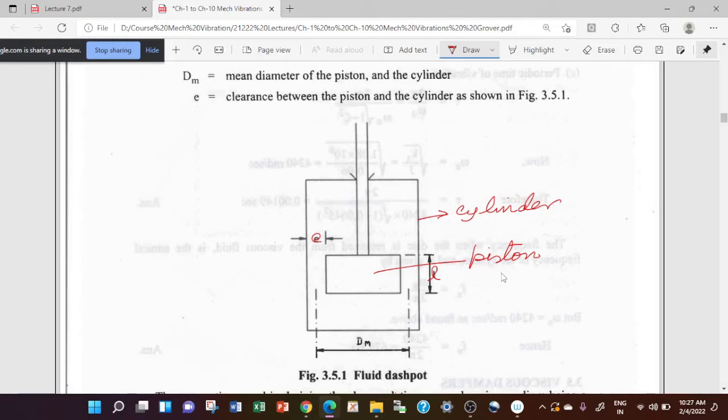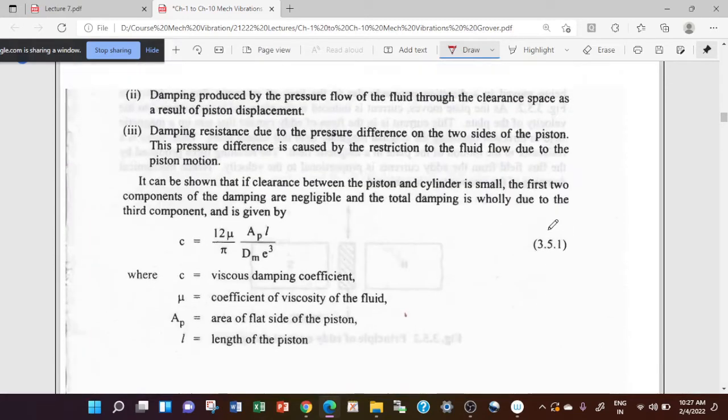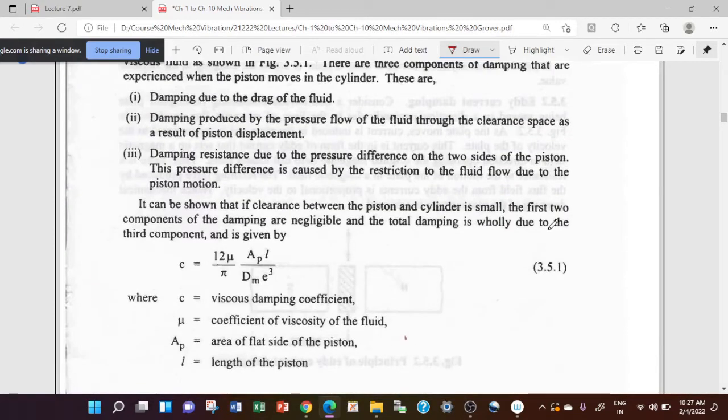And you are having some viscous fluid here, that is basically your lubricant, which moves to and fro through the clearance. So here the damping which you will be getting because of the viscous damping will be because of three factors.